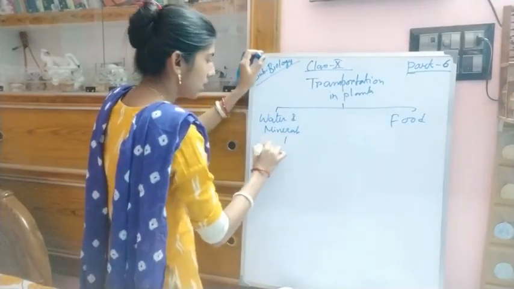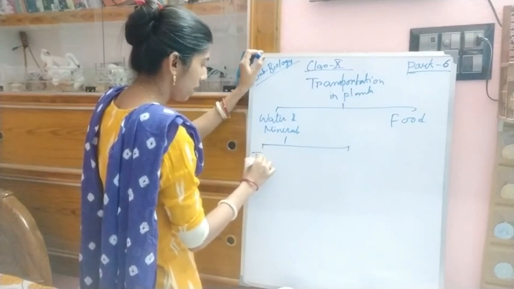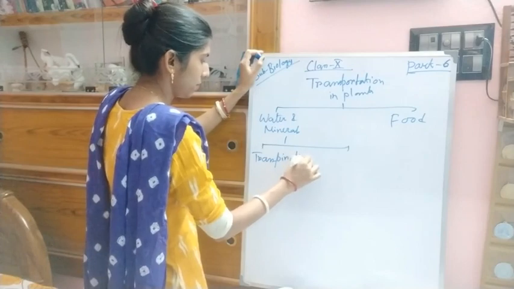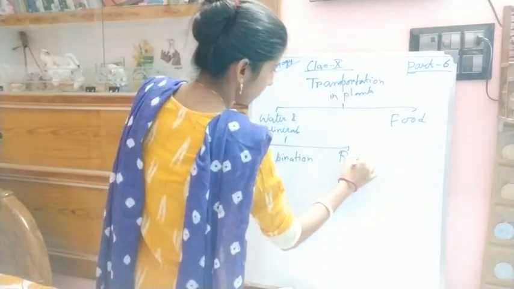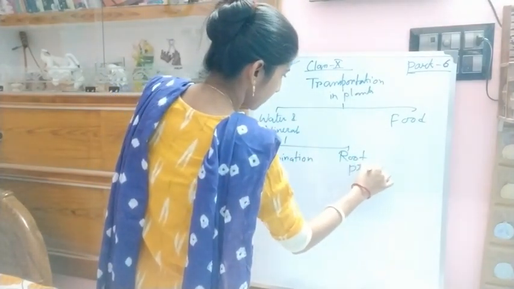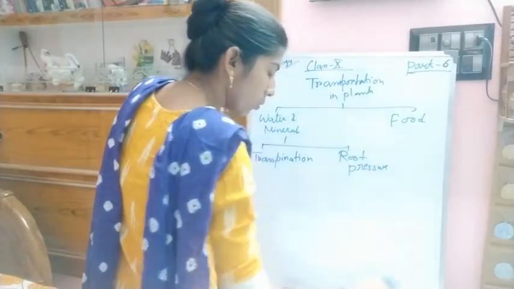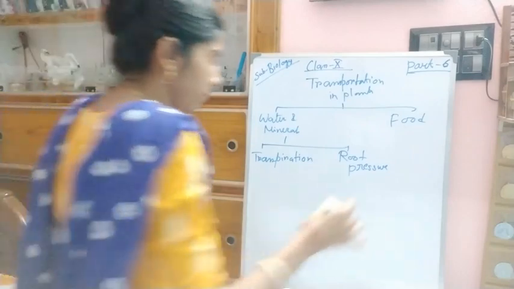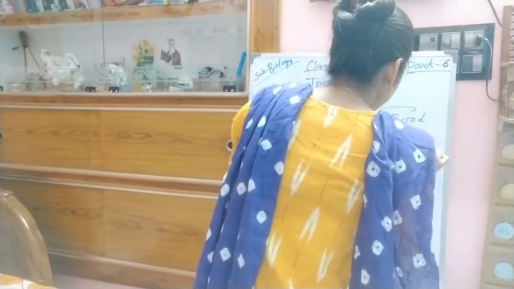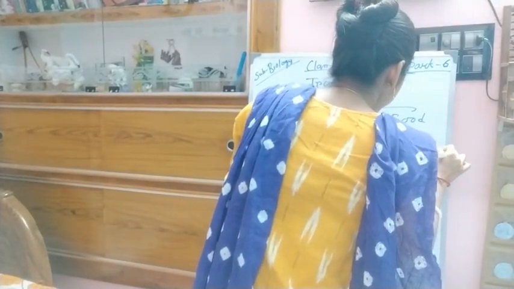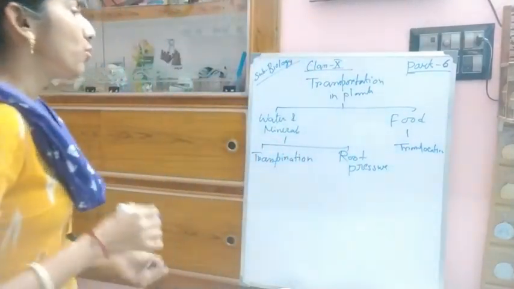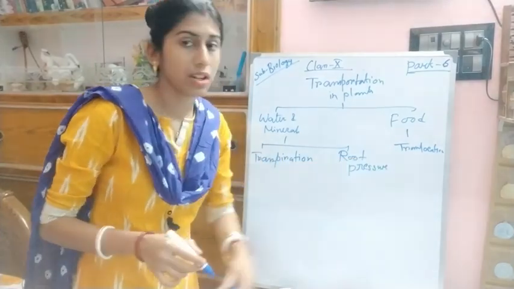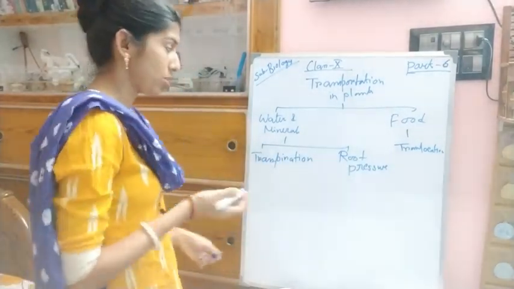Water and minerals are transported mainly by 2 processes. So first we will know about the transpiration, then root pressure, then transport of food, which is called translocation.